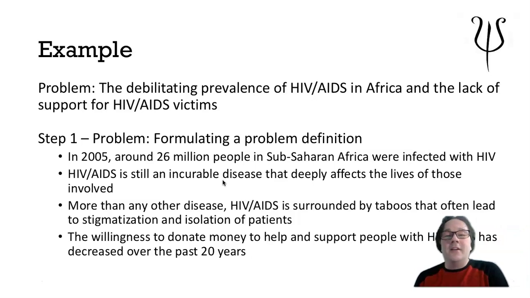Okay. Let's do an example, instead of me ranting or going off on a tangent here. Let's take a look at this path model and how it might work in the real world. So let's say we have this problem.